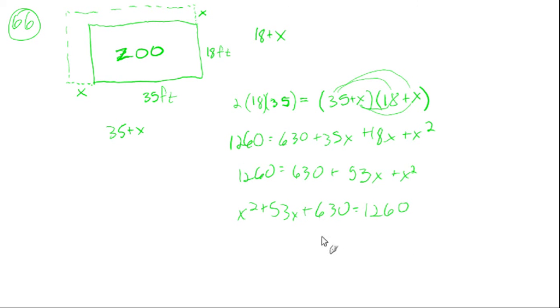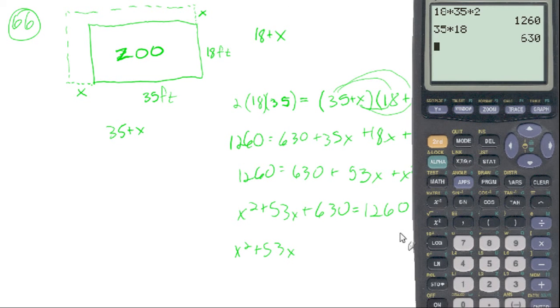All right, so look what we have here. We have a quadratic equation, and we know that in this section at least we're going to solve this by factoring. But we just talked about the genius of solving by factoring, and that is that it's equal to 0. So we got to get it equal to 0 first. Let's just subtract 1260 on both sides, so 630 minus 1260 is negative 630.